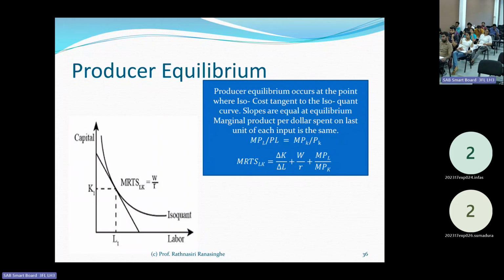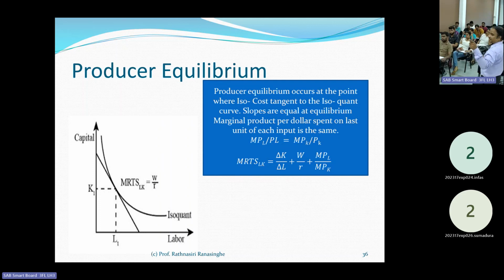What is that? The marginal product per dollar spent on each factor. By rearranging that equation, we know that MRTS means MPL over MPK, which in turn equals W over R. So W over R equals MPL over MPK.